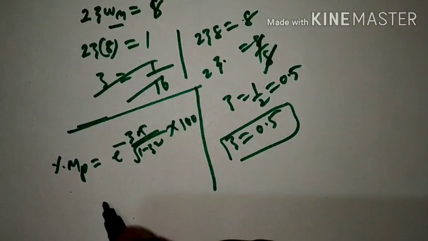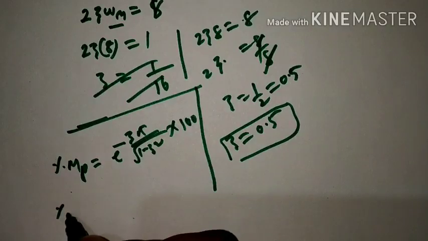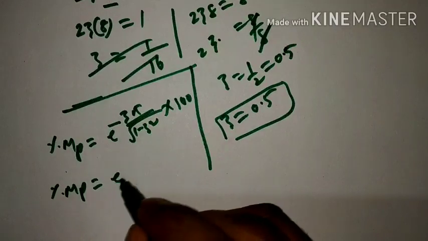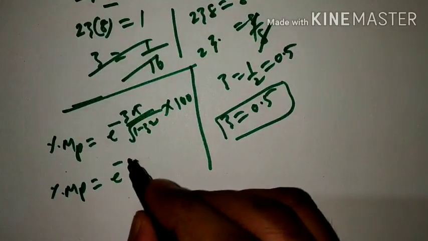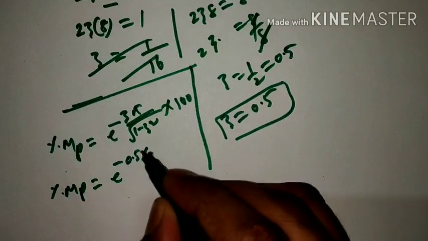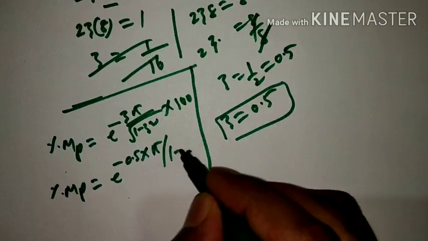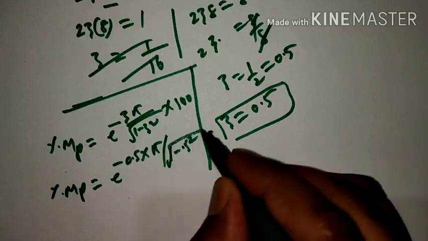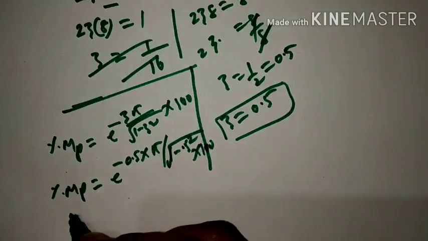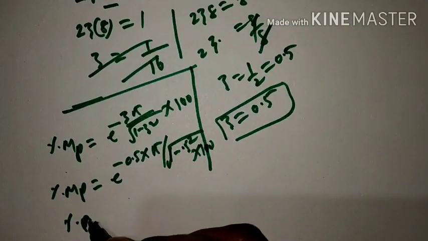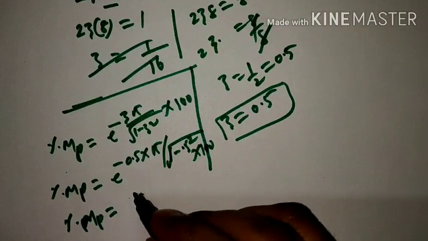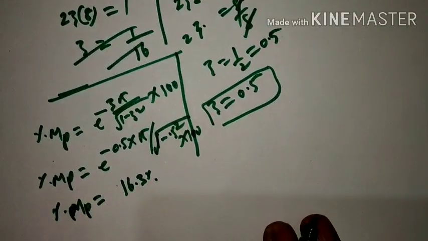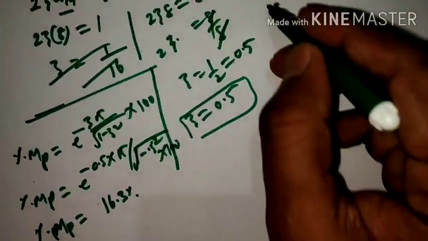So when you substitute here, you get e power minus 0.5 into pi by root of 1 minus 0.5 whole square, into 100. So you will get percentage MP, MP is equal to 16.3%.